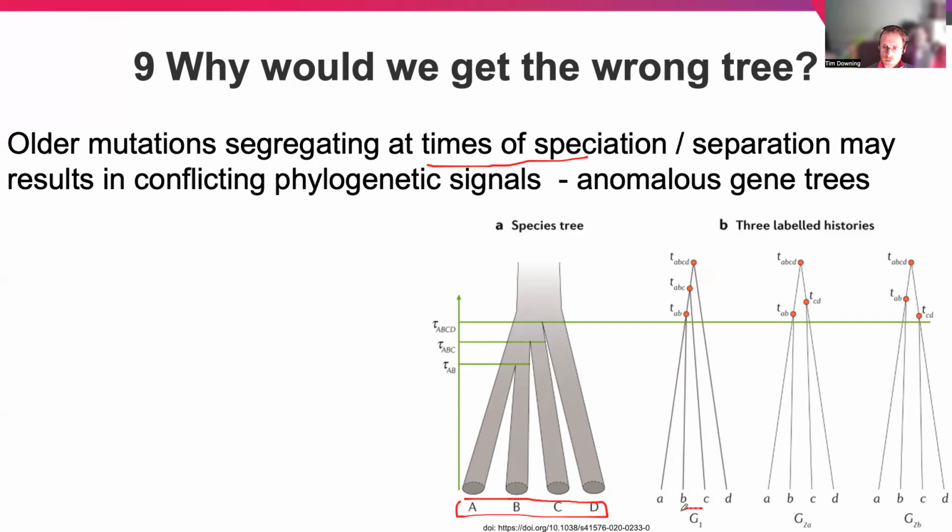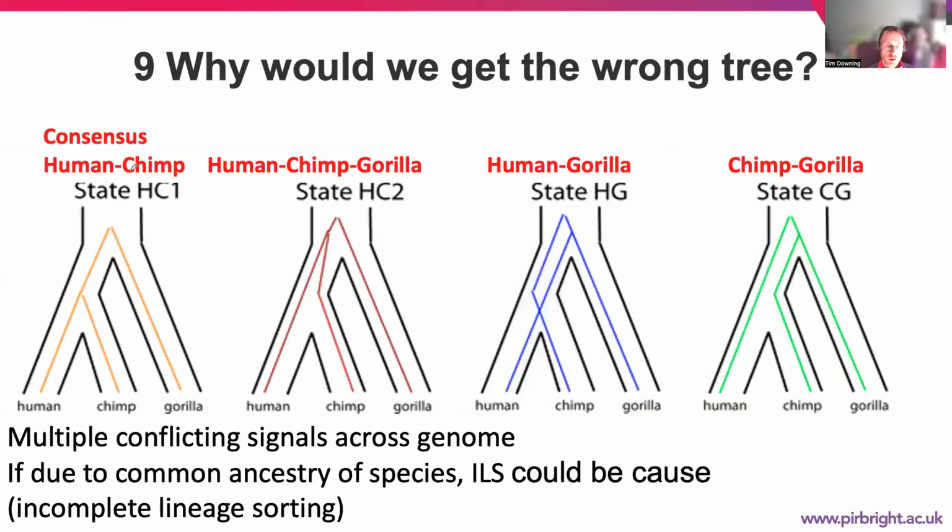But then we might find at different genes, gene 1, gene 2A, and gene 2B, that we get different patterns where C and D are more closely related for gene 2A, and the same for G2B, where the ancestry for A and B may actually be further back in time than for C and D. That's most clearly established for the human, chimp, gorilla patterns, where human and chimps are more closely related on average.